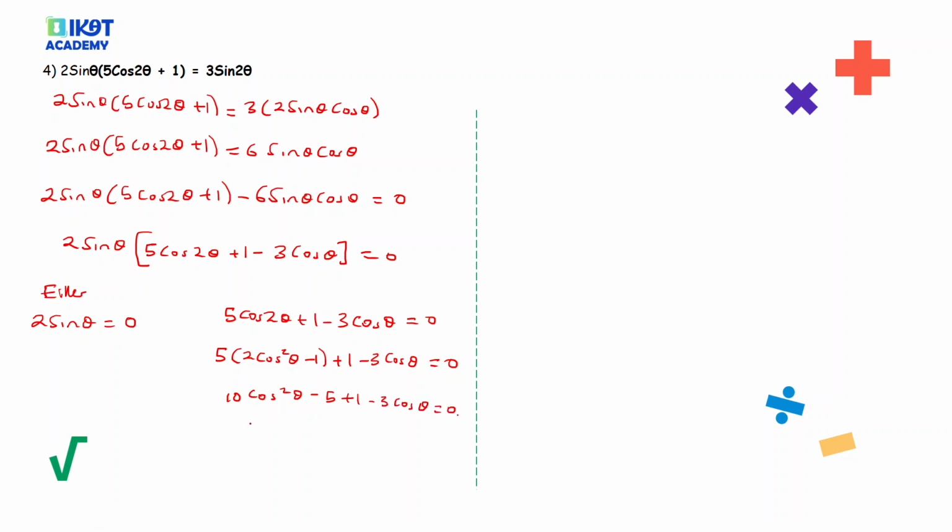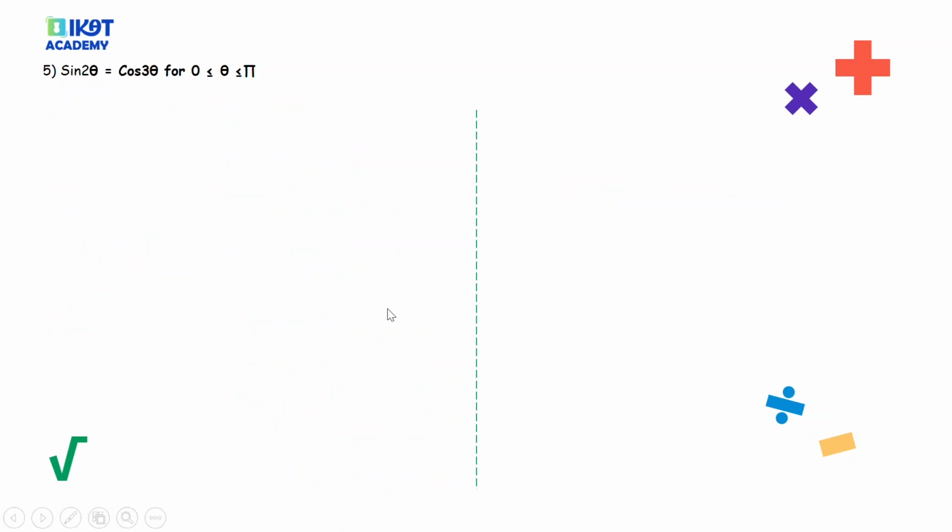So we have 10 cos squared theta minus 3 cos theta minus 4 is equal to 0. So you can solve both of these, and our answers will be 0, 180, 360. Here you have cos theta is equal to 2 over 5, comma, cos theta is equal to negative a half. So you can further solve that.